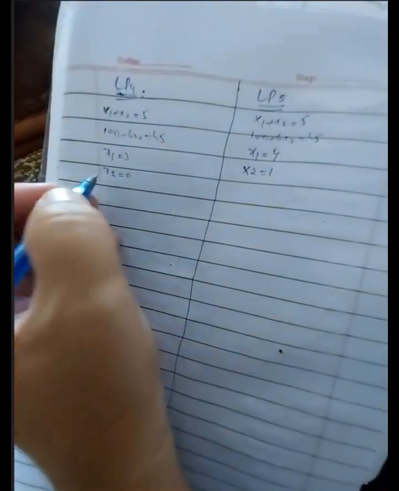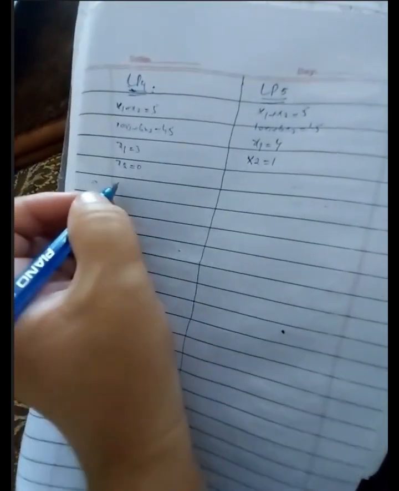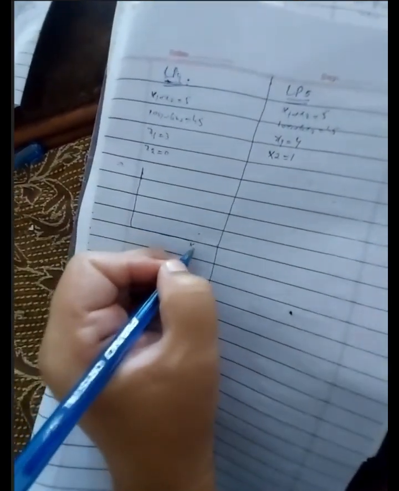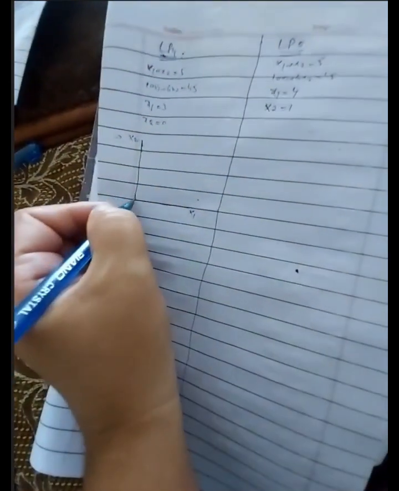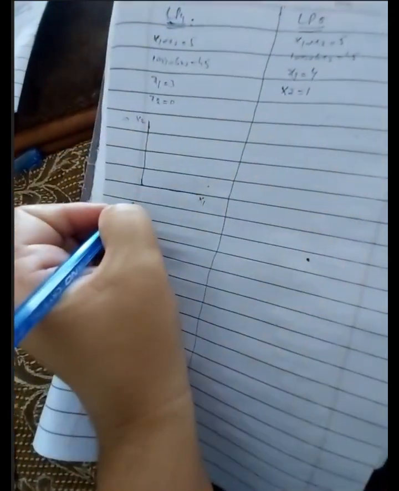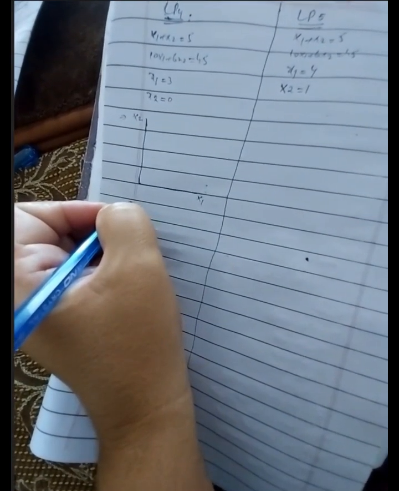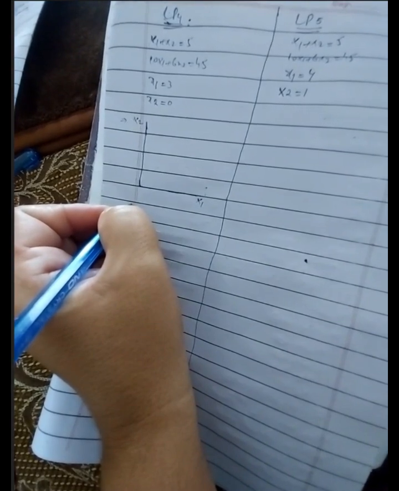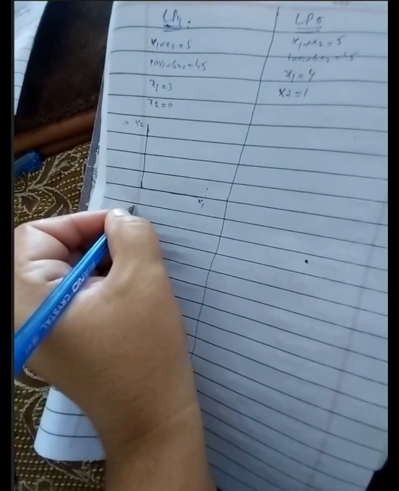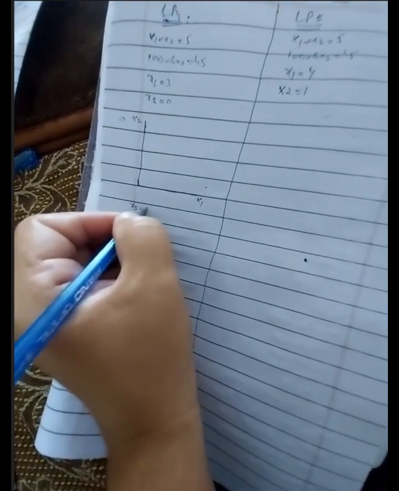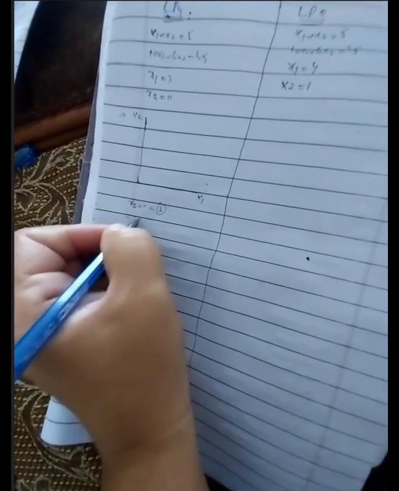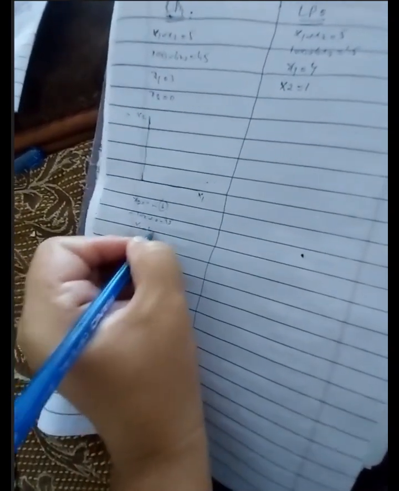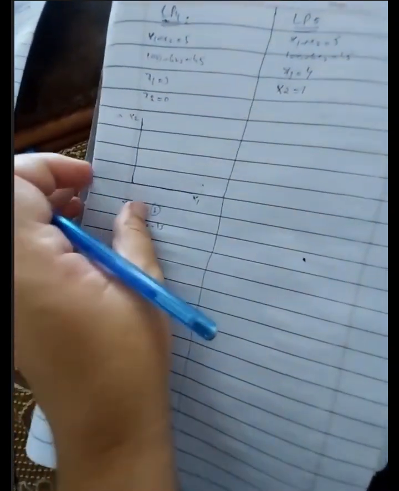Okay, so now here we will make x1 and x2. Okay, to find the point of intersection, let's put x2 is equal to 0 in B. 10x1 plus 0 is equal to 45. x1 is equal to 4.5.